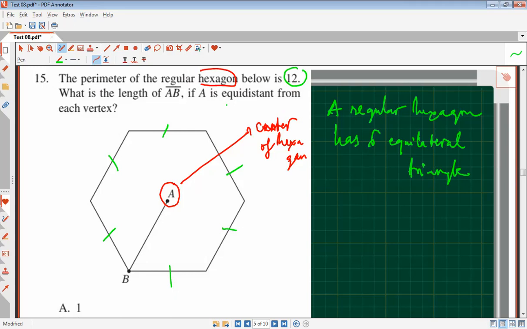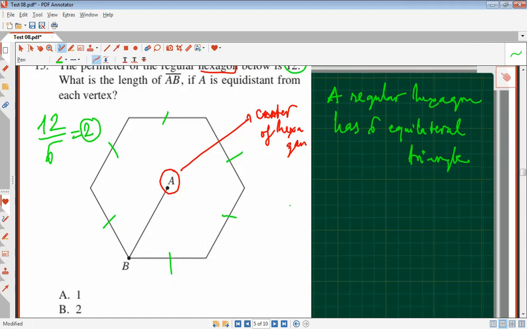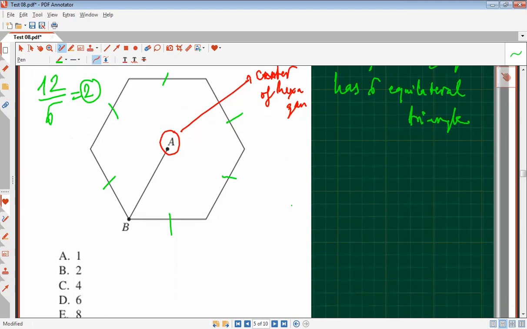We take 12 divided by 6, equal to 2. The side of any equilateral triangle is 2. So that is option B.